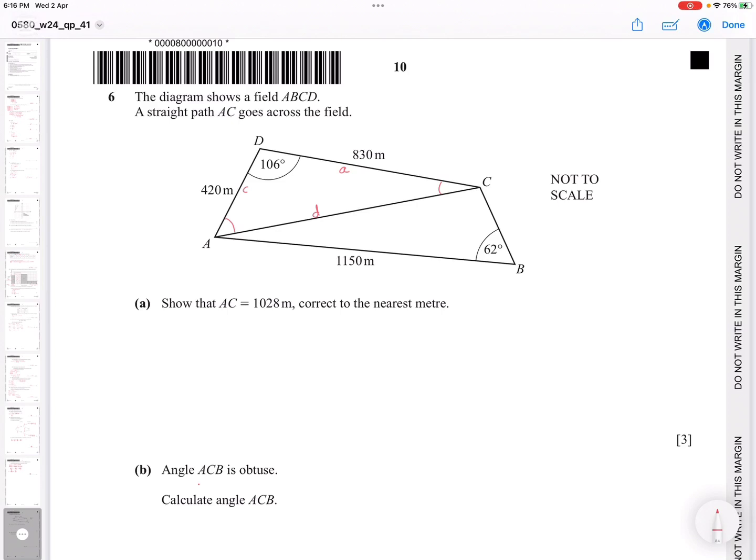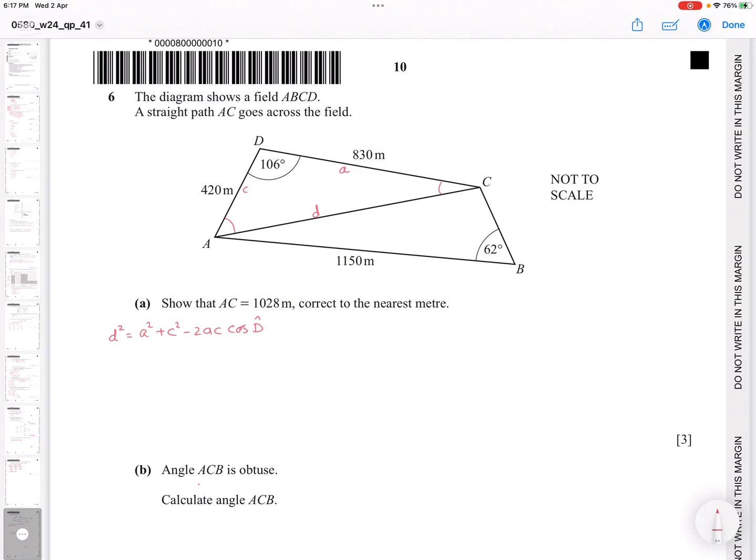We write the formula: d squared equals a squared plus c squared minus 2ac cos of angle capital D. That's how we write the cosine rule formula.